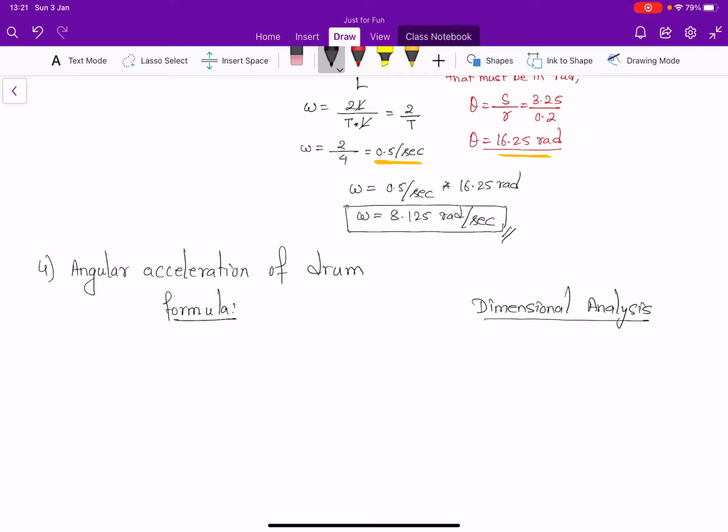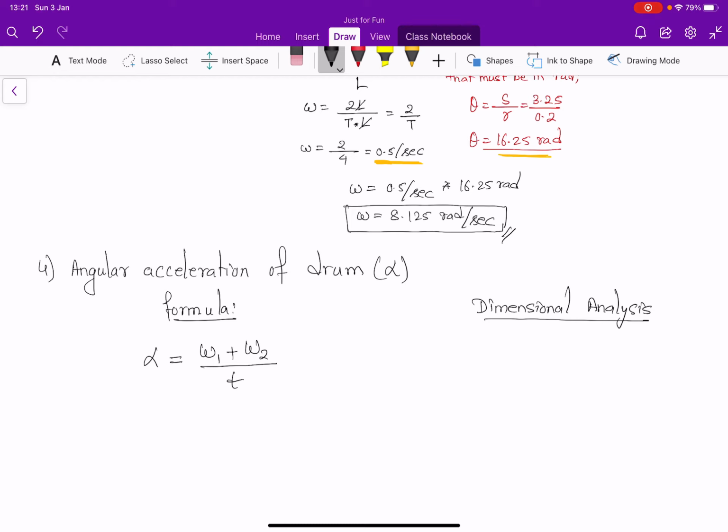The formula for the angular acceleration is given as alpha, which is angular acceleration. Remember that we are trying to find alpha, and you need to have the initial velocity, which is omega 1, and omega 2, which is your final angular velocity, which we have calculated, 8.125, divided by time.